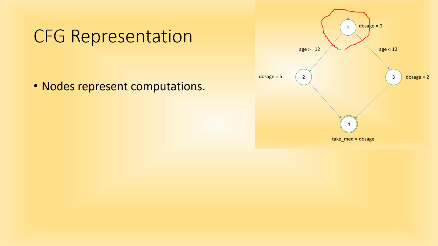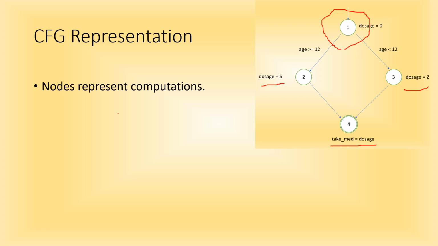Setting dosage equal to 0 is a computation, so this node represents the computation. At node number 2, we are setting the dosage equal to 5. This is another computation. In the same way, node number 3 has dosage equal to 2. And finally, at node number 4, we take the medicine, the amount equal to the dosage. So these are all 4 computations, and they are all happening at nodes.